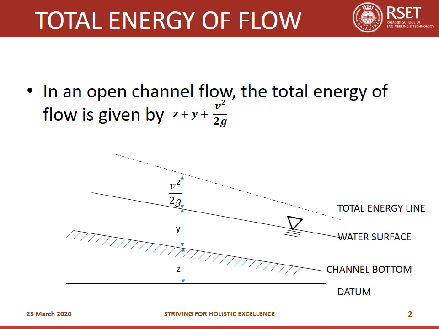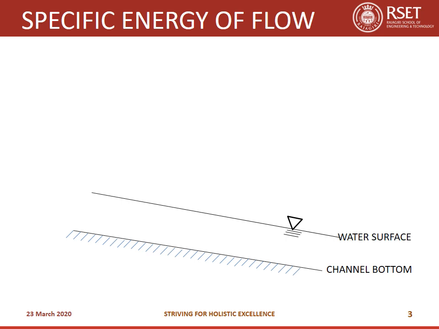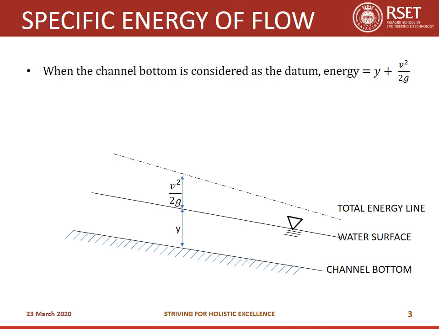Now, if I consider the channel bottom to be my datum, that will give me the specific energy of flow. This is the channel bottom, this is the water surface, and this is the total energy line. The distance from the channel bottom to the water surface is Y, and the distance from the water surface to the total energy line is V squared by 2G.